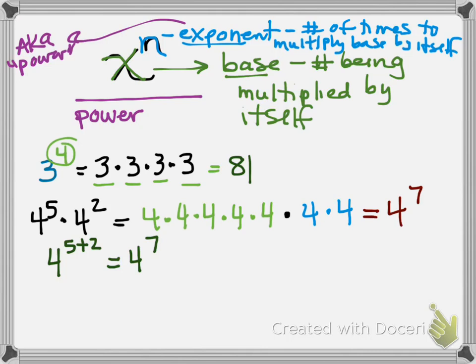So the rule says when I have a power and I multiply it by the same base, but it may have a different power, all I'm going to do is keep the base the same. The base isn't going to change. 4 didn't change into anything. But all I'm going to do is take my 2 exponents and add them together.